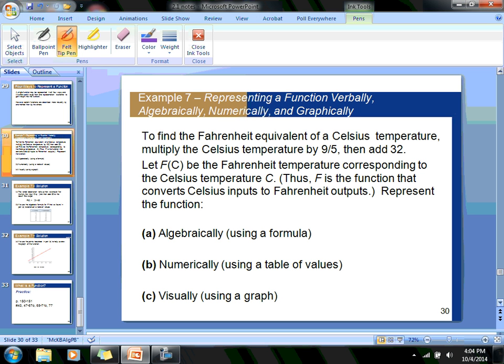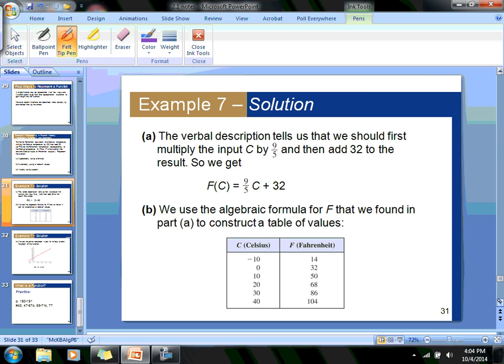So algebraically, we would take that first sentence in that little paragraph, and we would actually write out our formula. And that's actually on this slide. So you have to take the Celsius temperature and multiply it by 9/5 and then add 32.